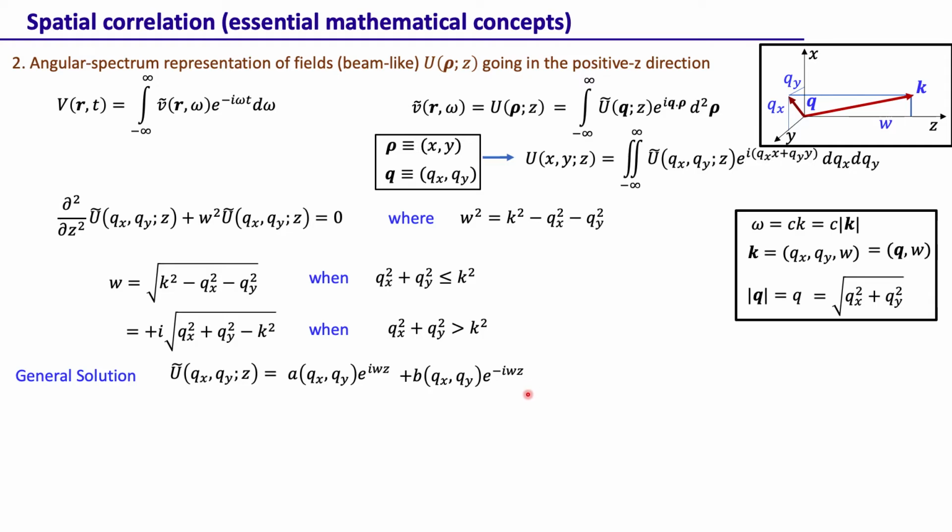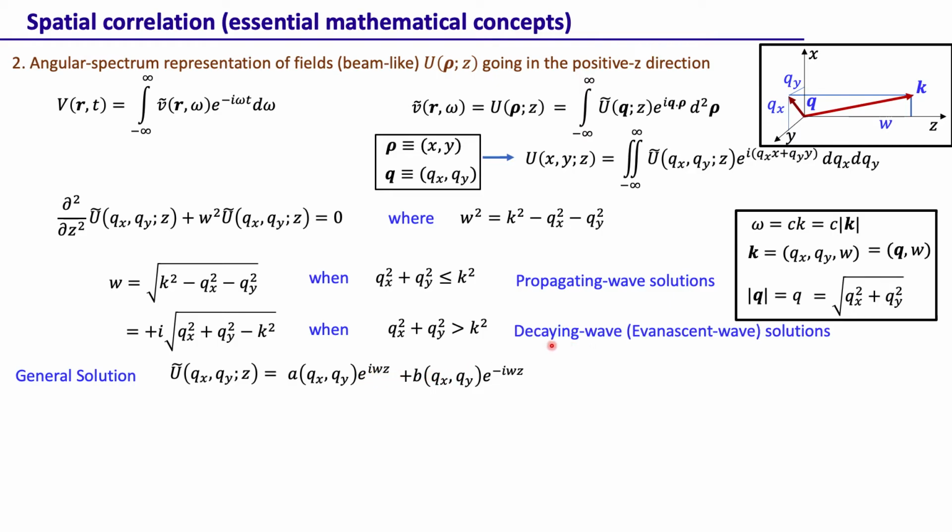Now let me point out here that when w is a positive quantity, this is a propagating wave solution. On the other hand, when w is complex and the general solution is like this, then if you put a complex quantity for w, it will become e to the minus omega z.